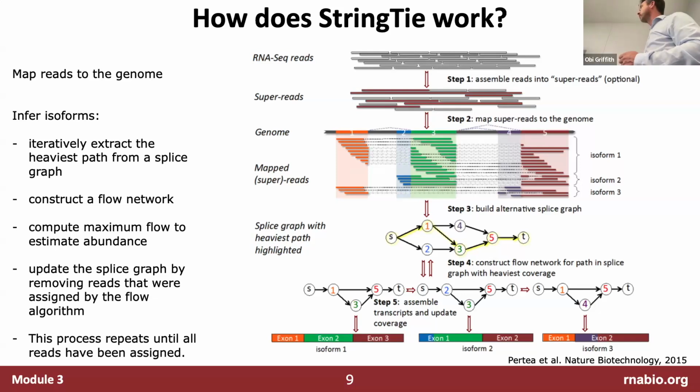StringTie is a pretty sophisticated piece of software and algorithm. It does a whole bunch of different things. And the reason is that it's trying to solve the problem of not just estimating gene expression, which by comparison is relatively easy. It's trying to solve the problem of isoform level expression estimation, right?